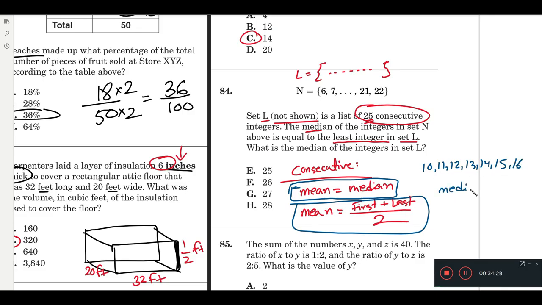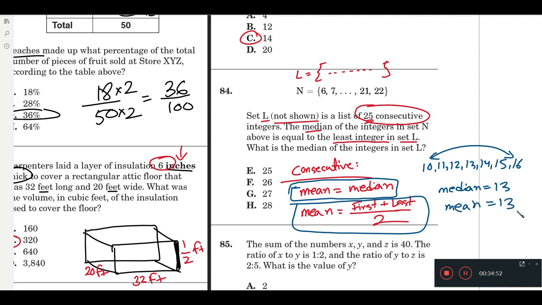Taimur, tell me what is the median? You cross them out, remember? The median is 13, right? And how do you find mean? You add the first one and the last one, which would be 26, divided by 2, which is also 13.